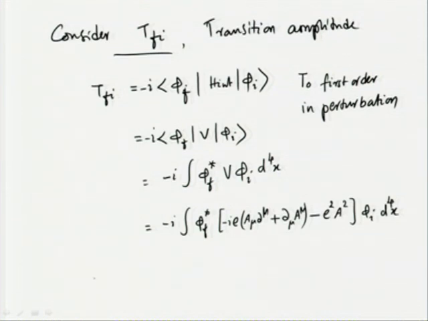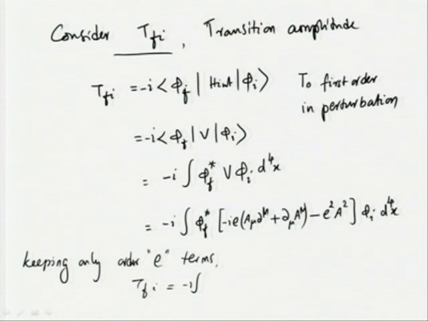Okay. So, essentially keeping only order e, T_fi is equal to minus i integral phi star, minus i e (a^mu dou_mu phi plus dou_mu a^mu phi) d^4x.